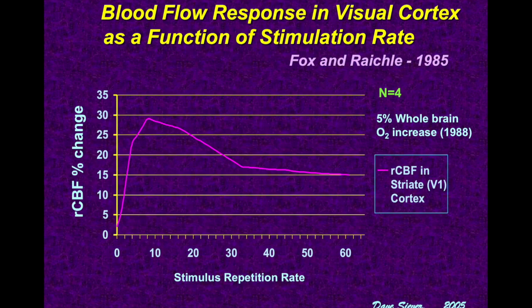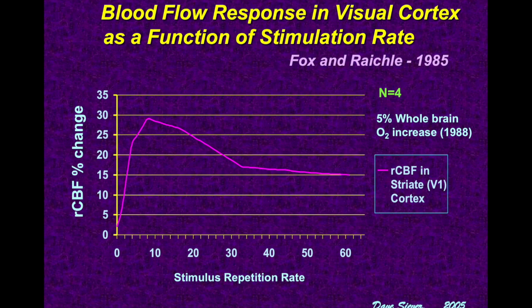This is Fox and Raichle's study showing different frequencies of flashing lights and how they affect cerebral blood flow. And we can see here actually that at 7.8 hertz, which is in the theta band or theta-alpha band, it's kind of on the border, there was maximum increase in cerebral blood flow.